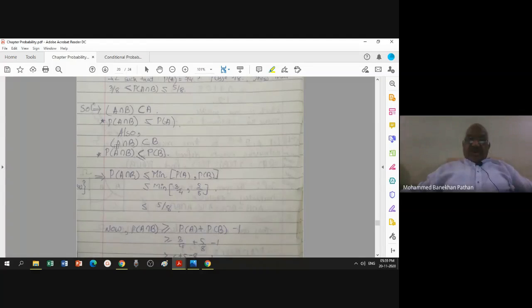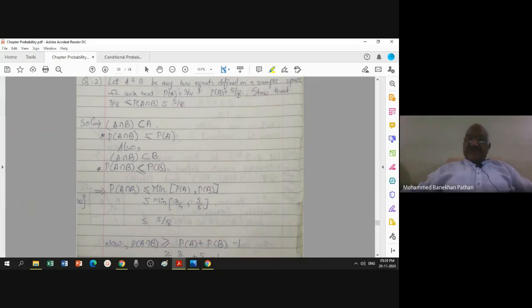Also, A common B is a subset of B, so probability of intersection is less than or equal to probability of B. What is probability of B given? That is 5 by 8. So I put it here. So I get one side of the inequality from this condition.